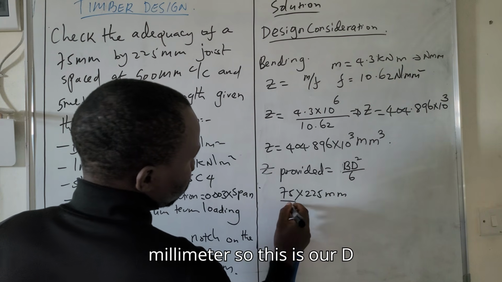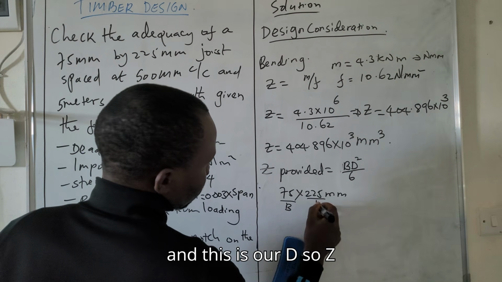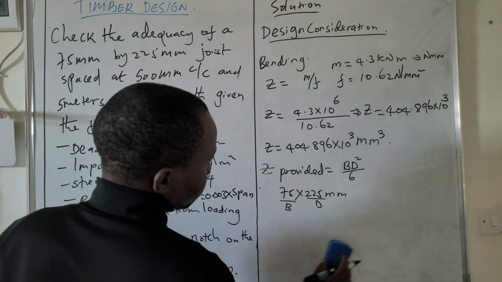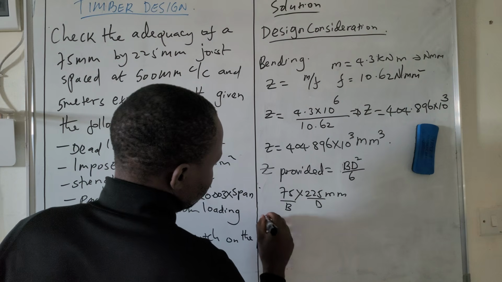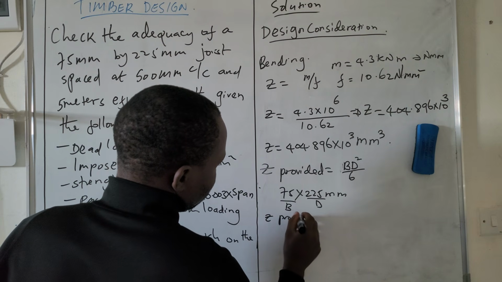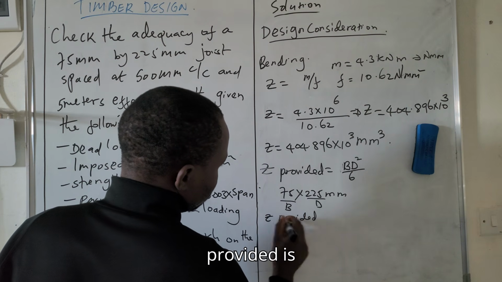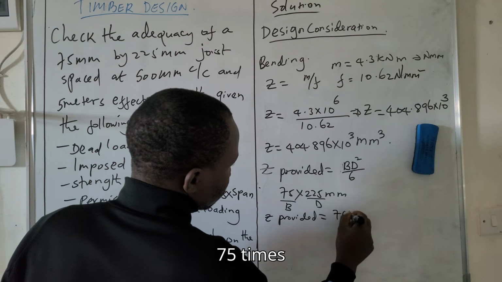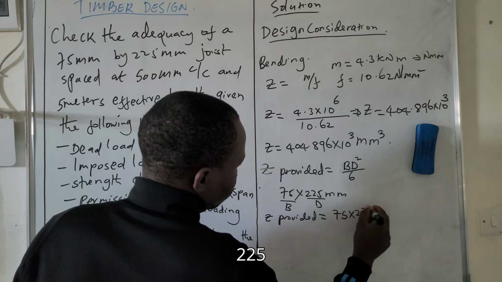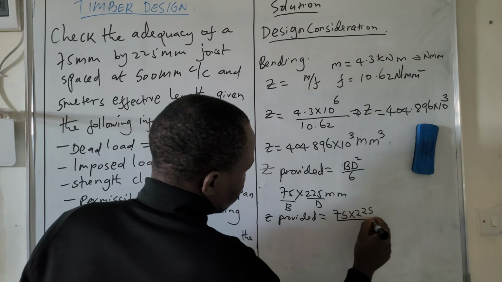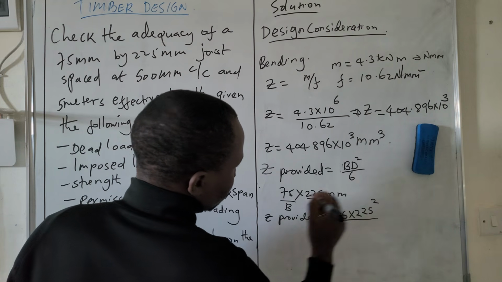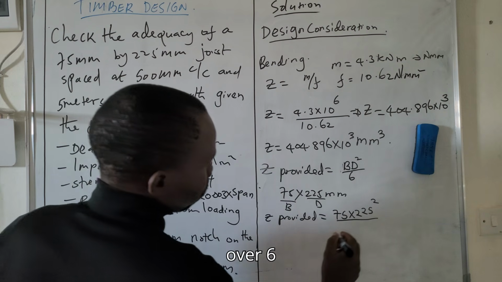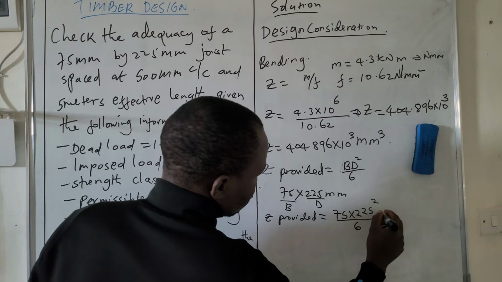So this is our B and this is our D. So Z provided is equal to 75 times 225 square over 6.